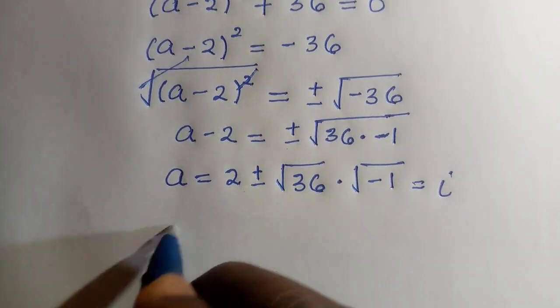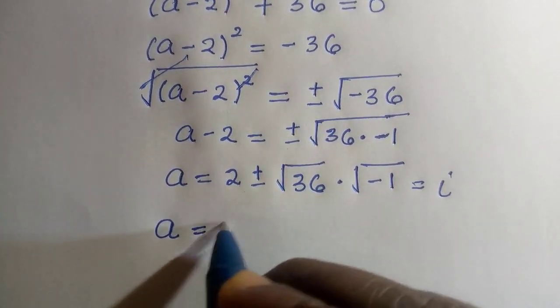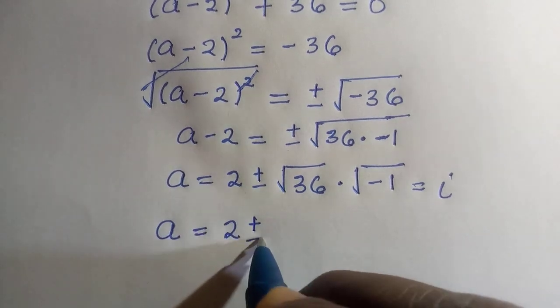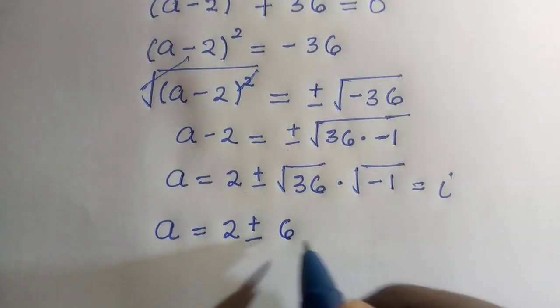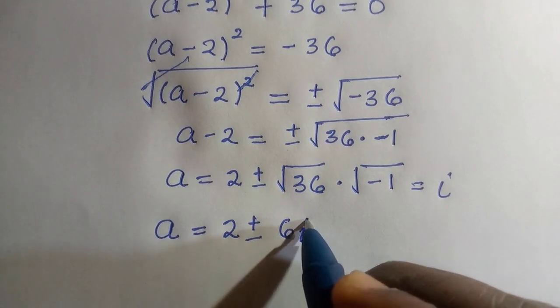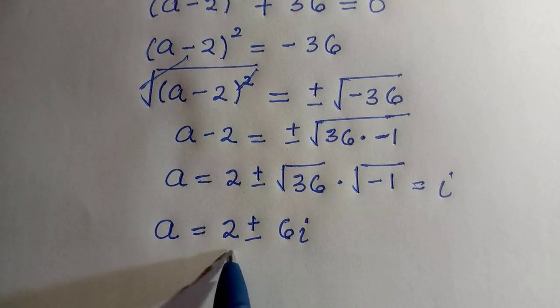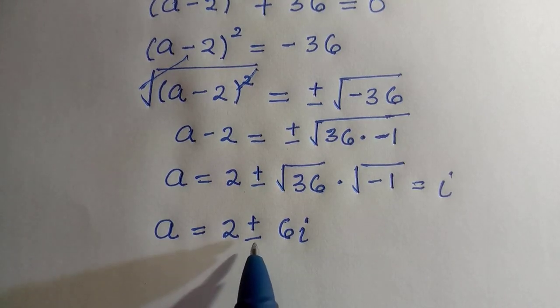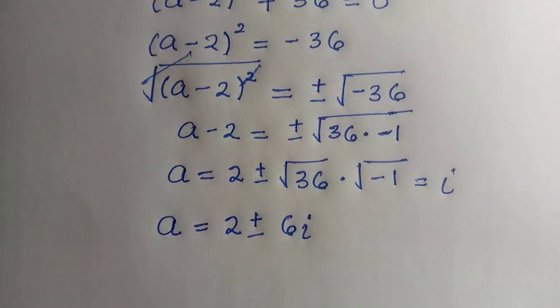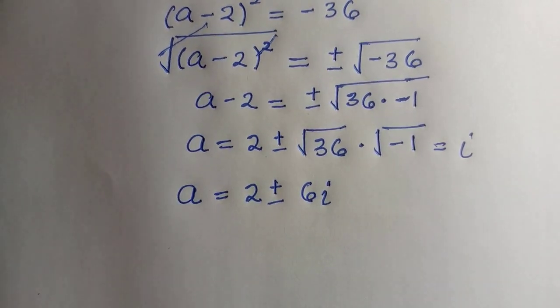So here we have a equals 2 plus or minus the square root of 36, which gives 6, and here is our i. This is the solution for the value of a, as plus or minus. Now we also get the value of b.